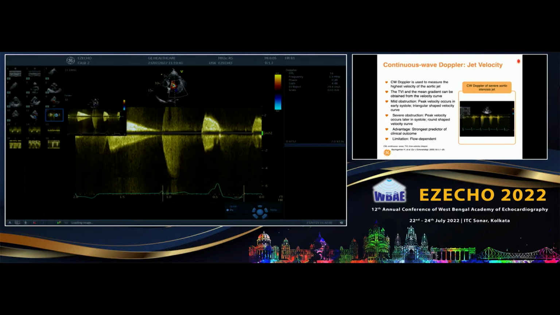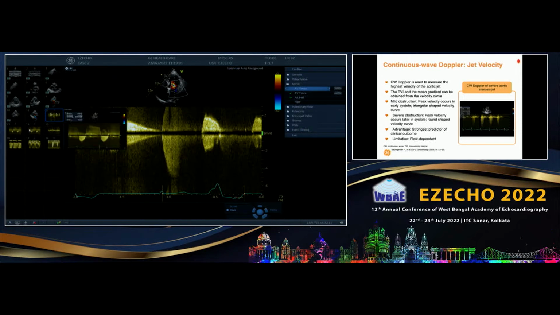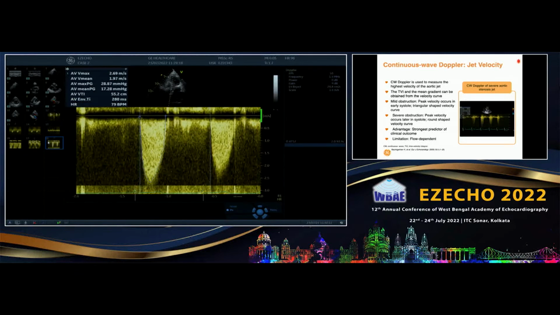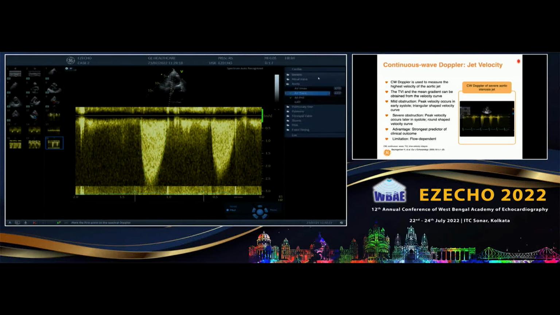Go to the aorta flow, the 18th image, and measure from this click to this click. You get the opening click and the closure click.